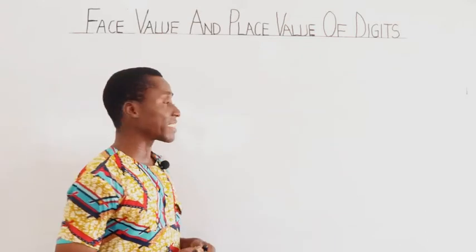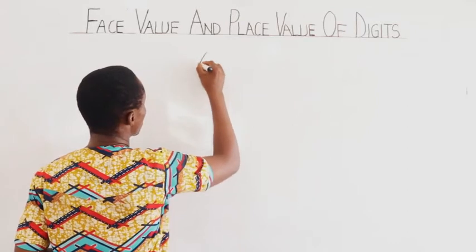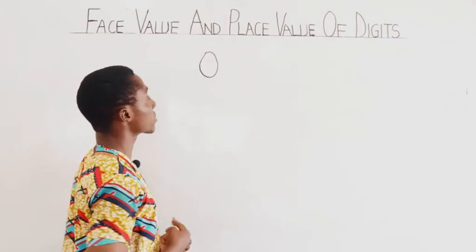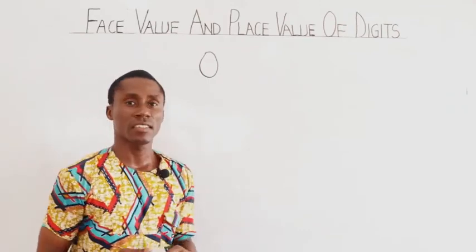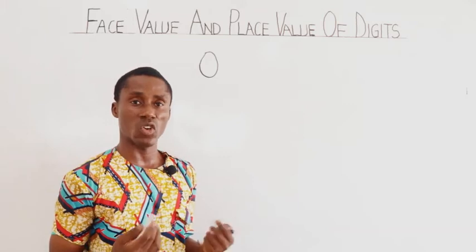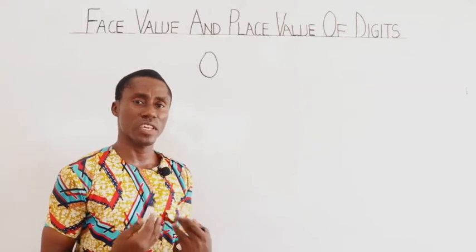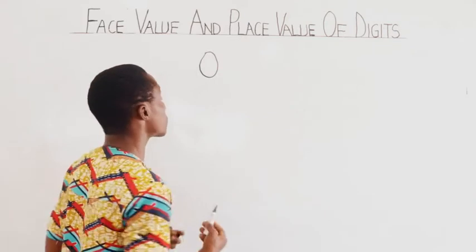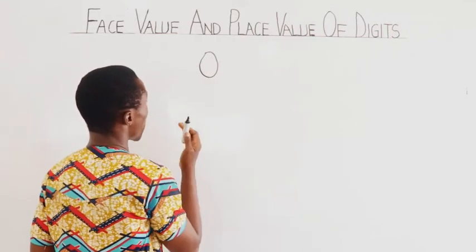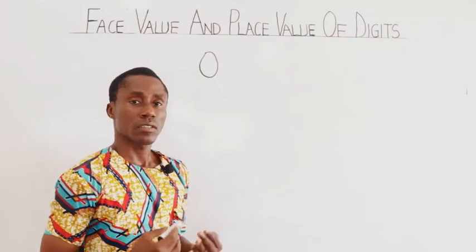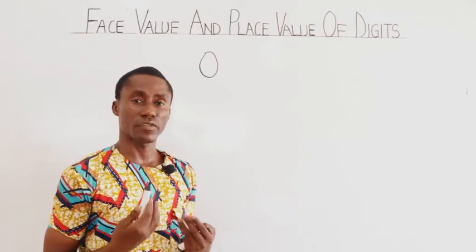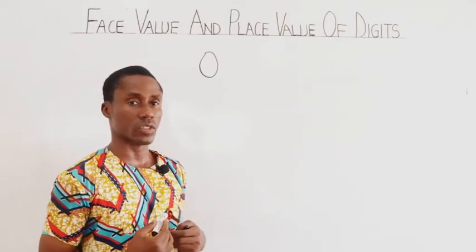Now, when we write the digit 0 alone, 0 is in the one's number place because it is standing alone. So how do we find the place value of this 0 standing alone? We multiply the face value of this 0 by the value of its number place.